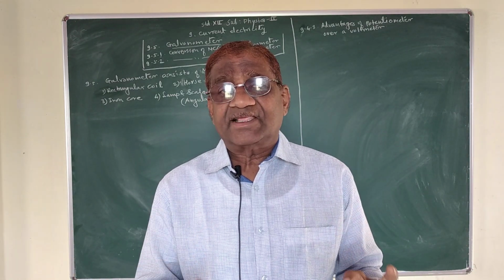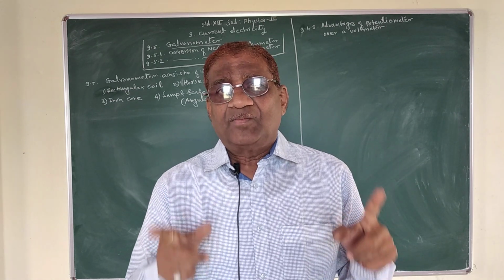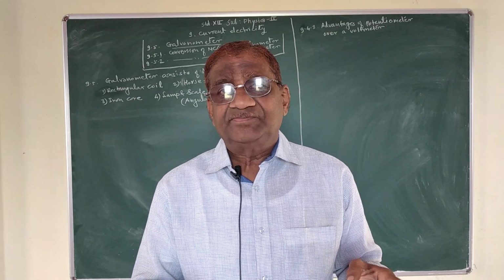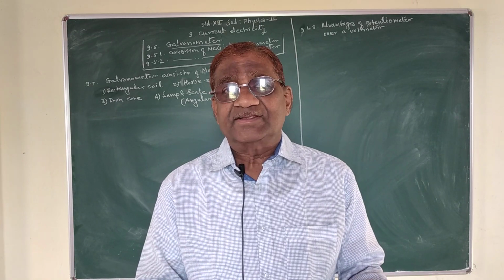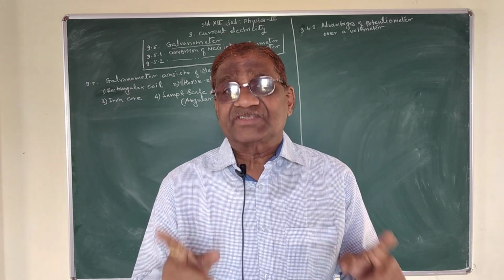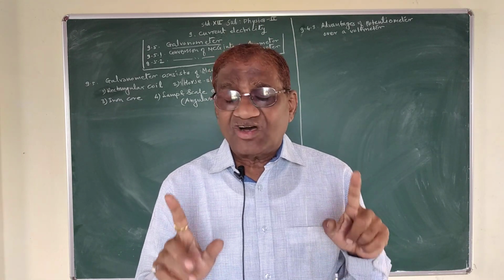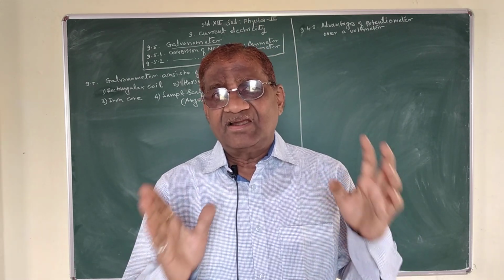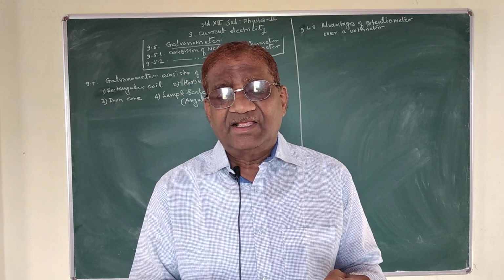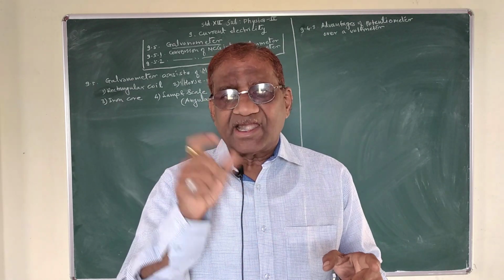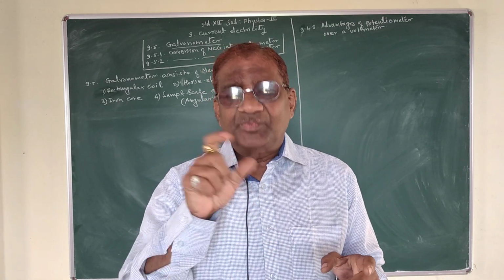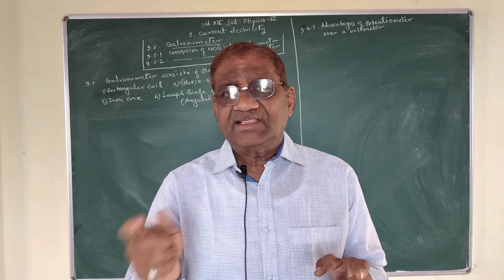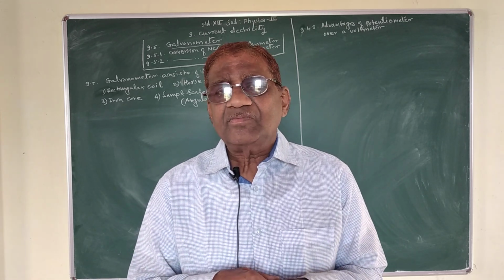Potentiometer measures accurate potential difference as well as EMF of the cell, because this instrument does not draw any current from the circuit, so potentiometer is superior to the voltmeter.